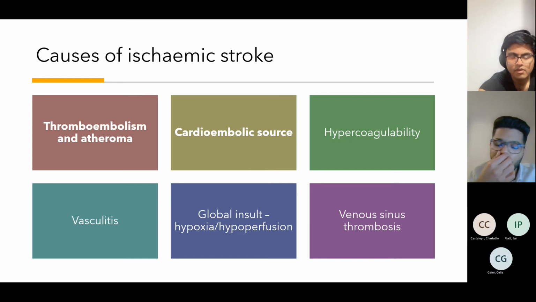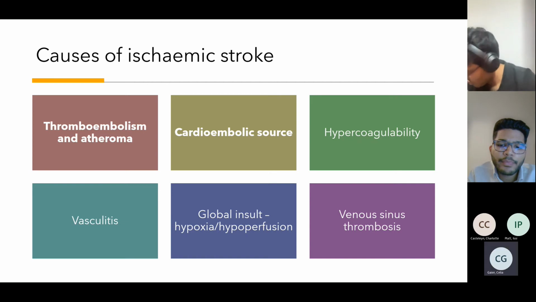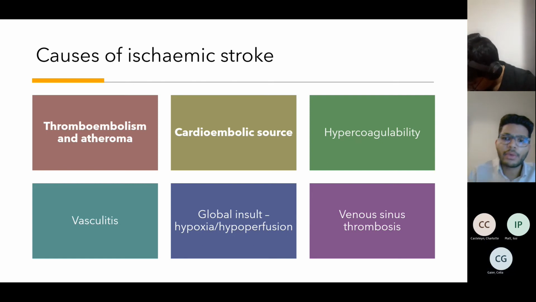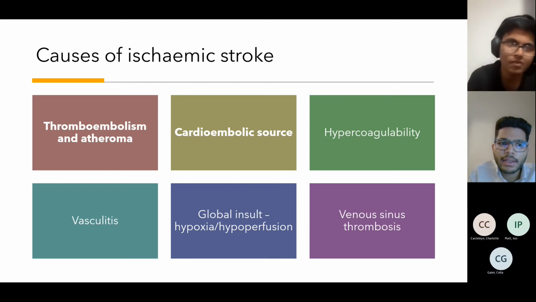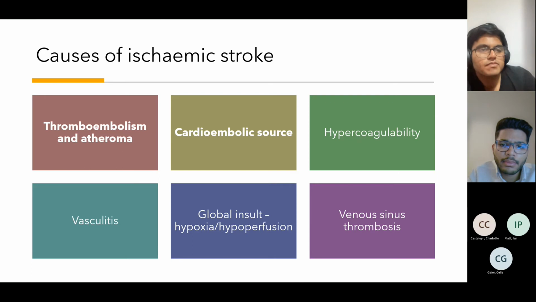Any other causes of ischemic strokes? Hypercholesterolemia. Yeah. So how is that going to cause a stroke? An atheroma. So you get an atheroma plaque, which can either throw off clots or it can rupture and block the carotid. So those are the main two, actually.